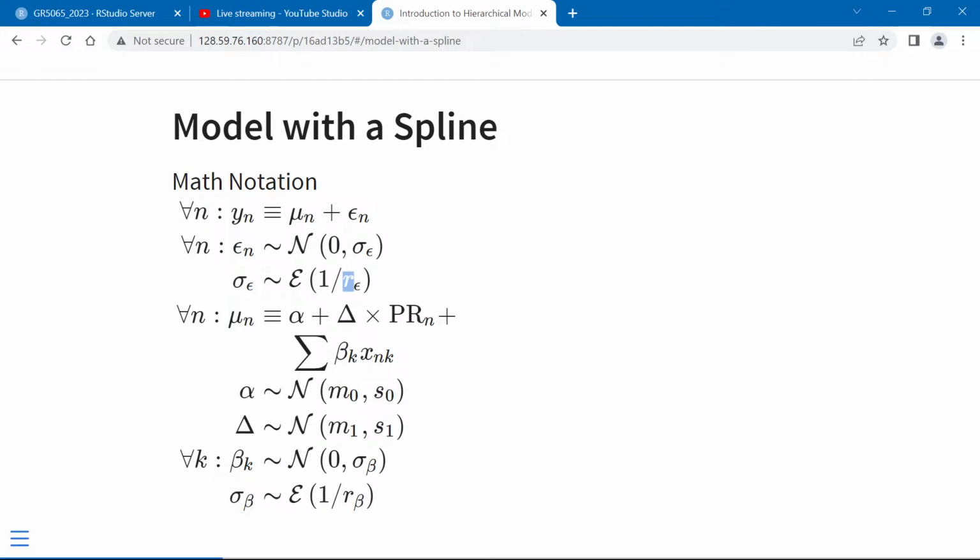So we have intercept, treatment effect on the PR, proportional representation system, plus the sum over K of beta times all these other x's that are not the PR variable. And so we have a usual normal prior on the intercept, the usual normal prior on the average treatment effect.